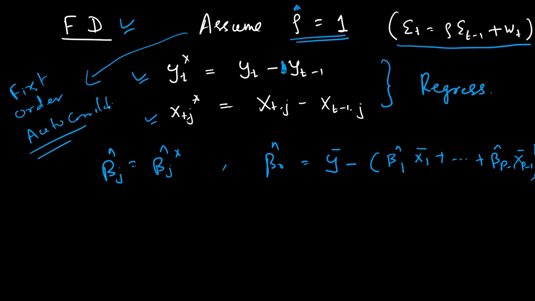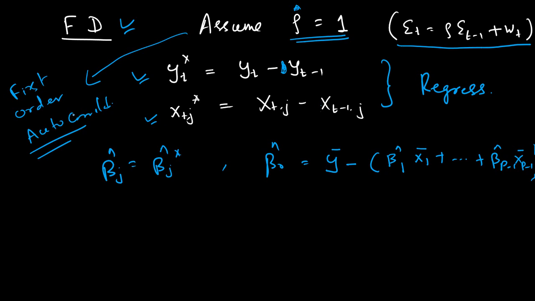First order autocorrelation can be eradicated or handled by taking the first difference. If you're familiar with time series ARIMA models, this is very common there. When you build an ARIMA model, you often come across this problem of serial autocorrelation. You remove it by doing different types of transformations, first difference, second difference, and so on.